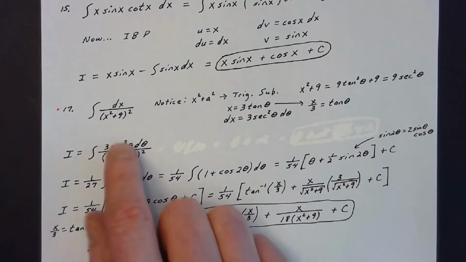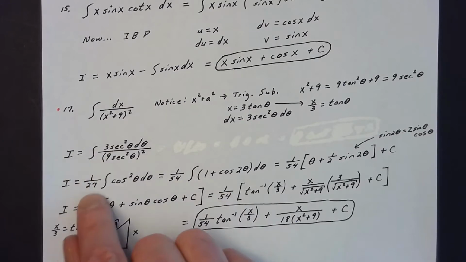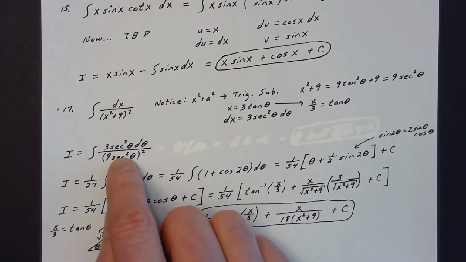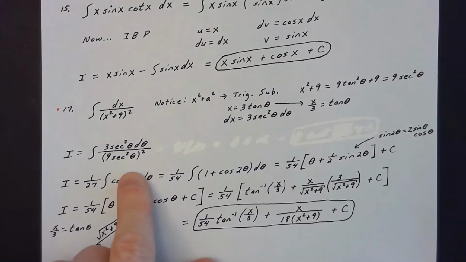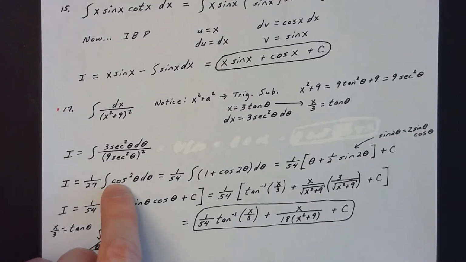Now from this step to the next, what I've done is I said, well, that denominator is 9 squared, which is 81. 3 over 81 reduces down to 1/27. On the inside of this group, you'd also have secant to the 4th in the denominator. So secant squared over secant to the 4th would be 1 over secant squared. And you'll see I wrote it as cosine squared.